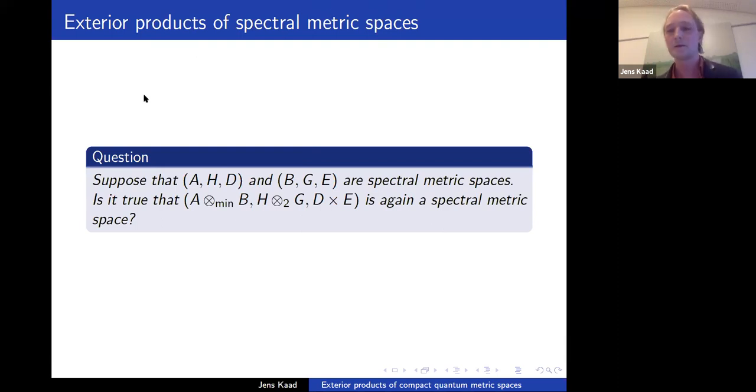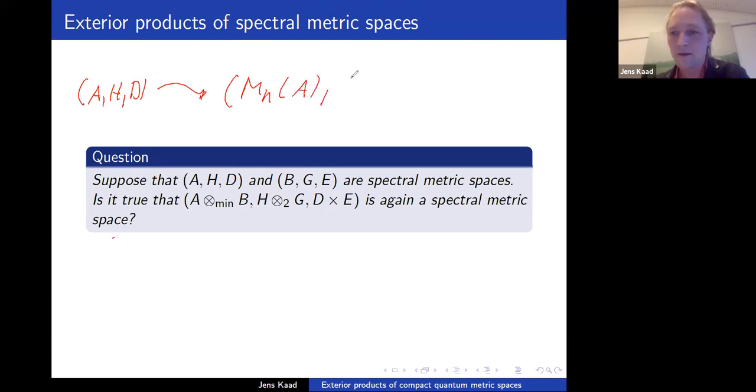Let me see. Because of the following observation: if I start from a unital spectral triple, (A, H, D), and then I tensorize with n-by-n matrices, I then get n-by-n matrices with entries in A, acting on n copies of the Hilbert space.